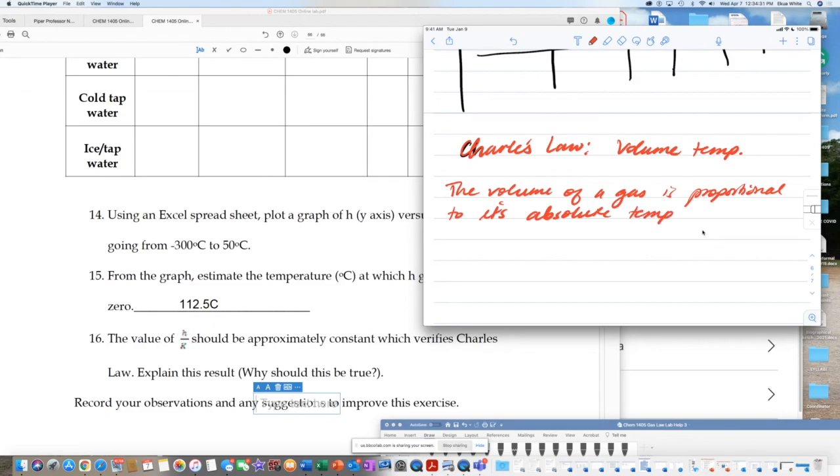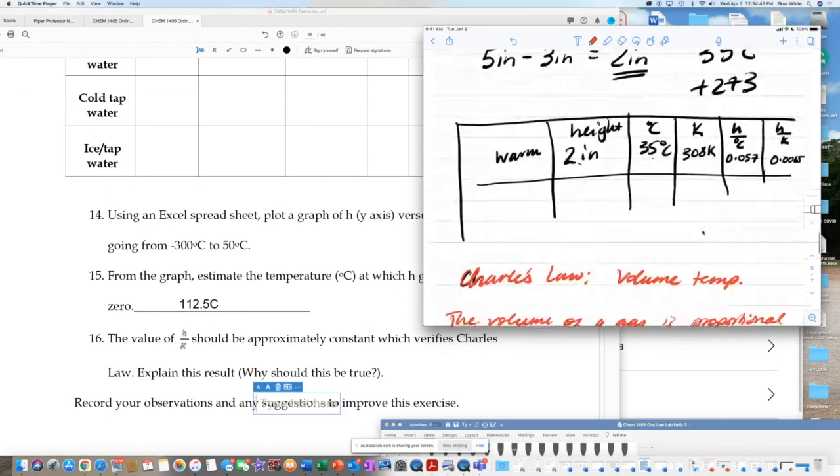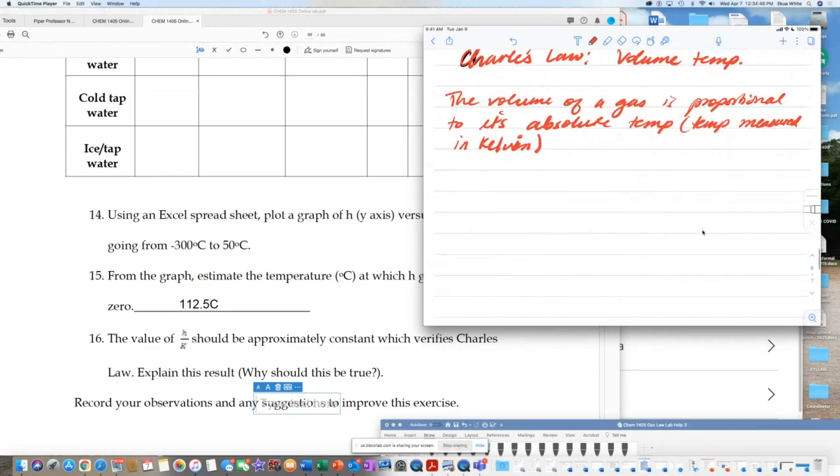What does absolute mean? This is temperature measured in Kelvin. Okay? Kelvin. What does that mean still? That means that the volume of the gas should be proportional to temperature, but only the temperature that's measured in Kelvin.